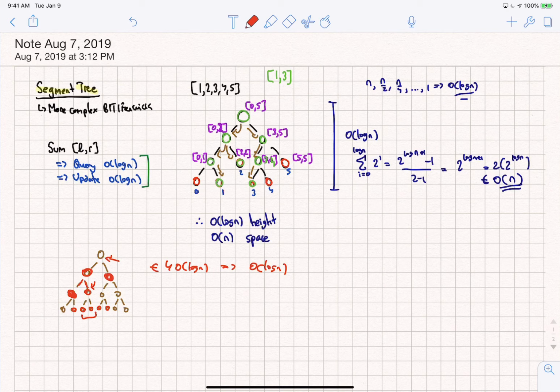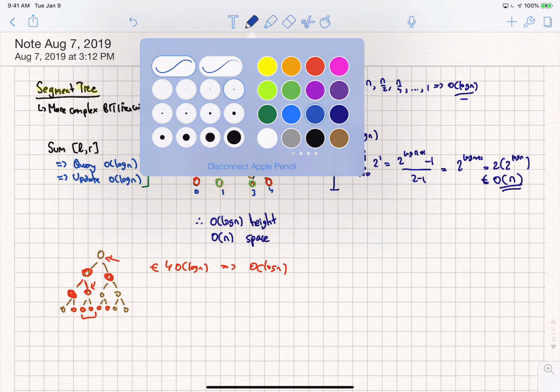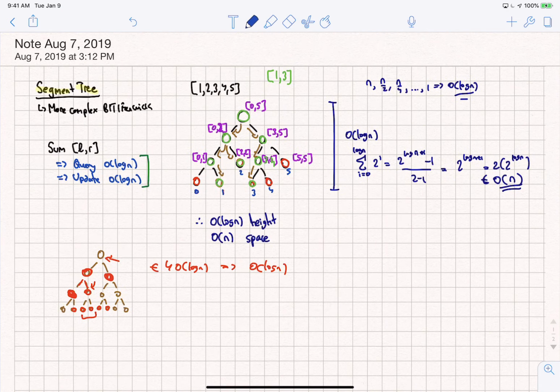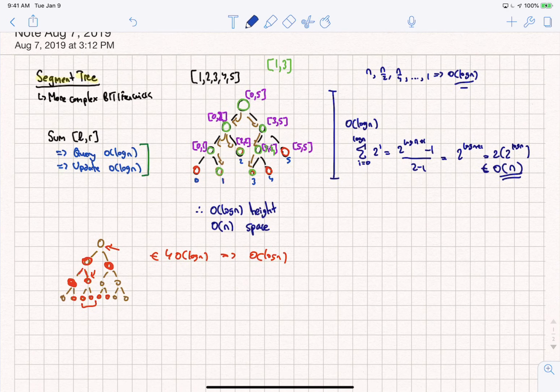So how do you actually construct this tree? The way to construct this tree is that you have an array, and then you construct it recursively. So you start off with the original array. So this will be an O of n operation.